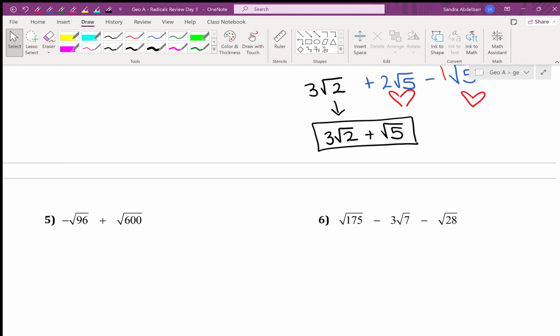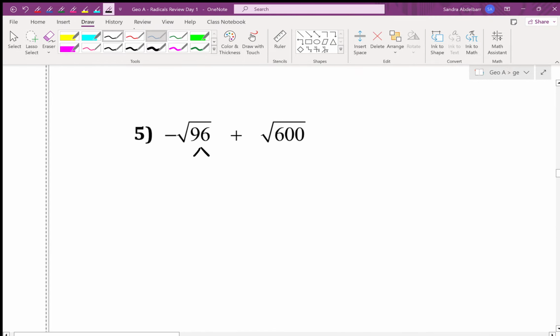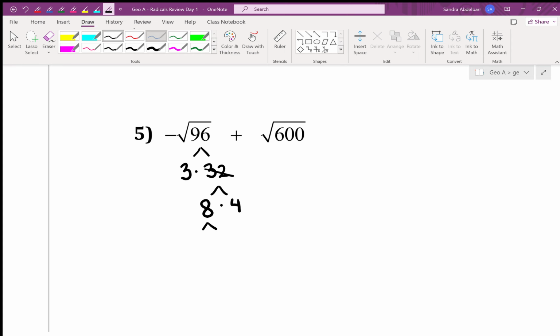Okay, let's say you did 96 the long way, which is fine. And let's say you said, okay, well, I can do 3 and 32, and then you decided to break 32 down. What multiplies to 32? 8 and 4. And then you broke 8 down into 2 and 4. What would I hope that you would realize right now? The 4s. We don't need primes.